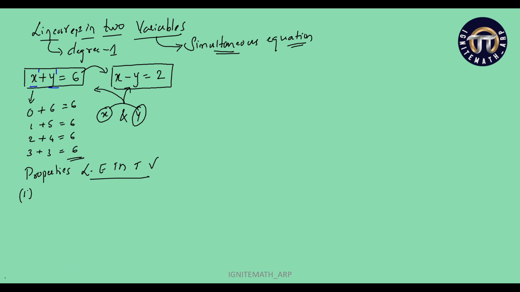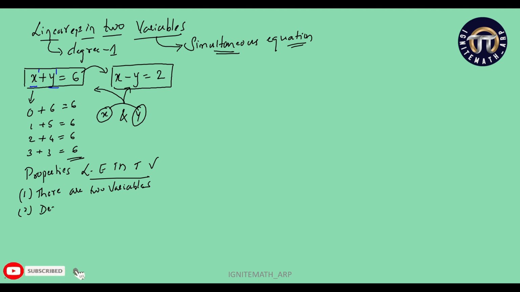Similarly over here, I am calling it a linear equation in two variables. Then how many variables will be there in the equation, children? Two variables, sir. So there are two variables in the equations. Clear?